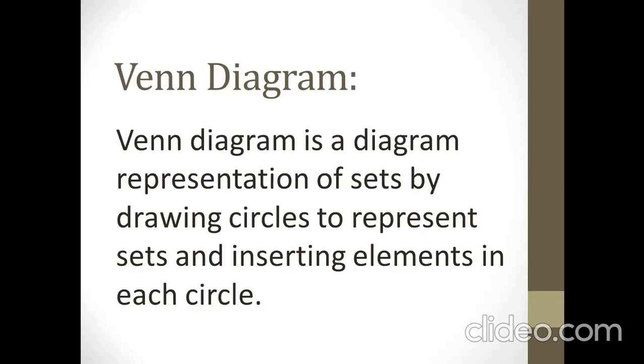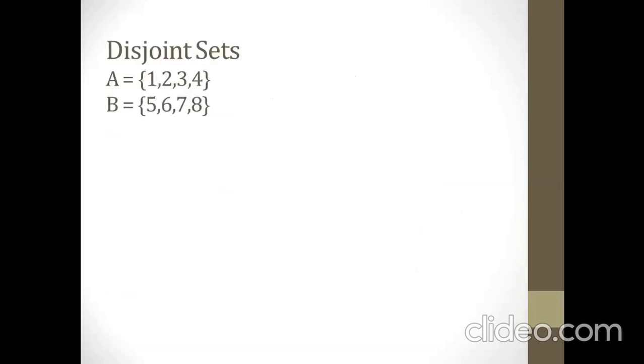To understand the Venn diagram, let's take an example of disjoint sets. Consider the previous example of disjoint sets. We have the same two sets A and B, A with 1, 2, 3, 4, B with 5, 6, 7, 8.